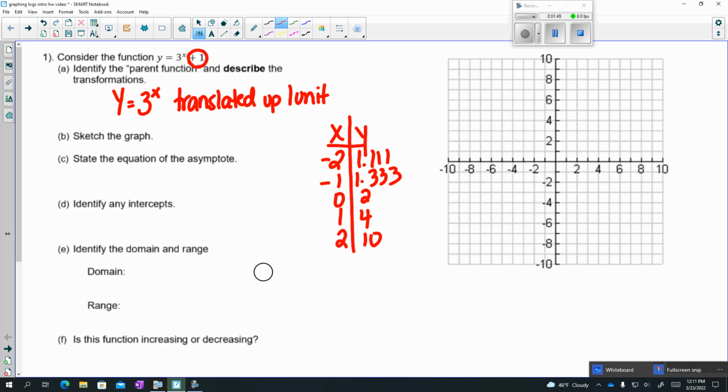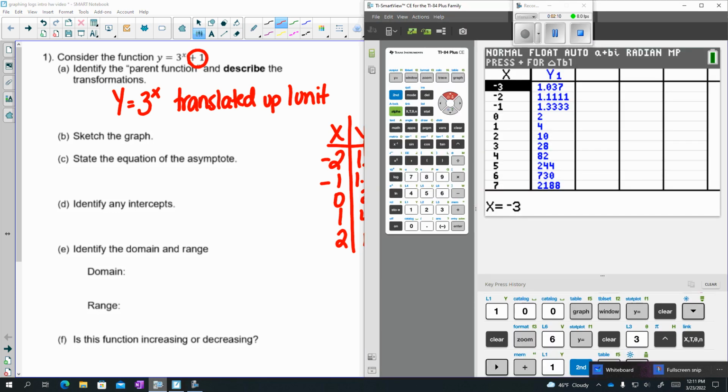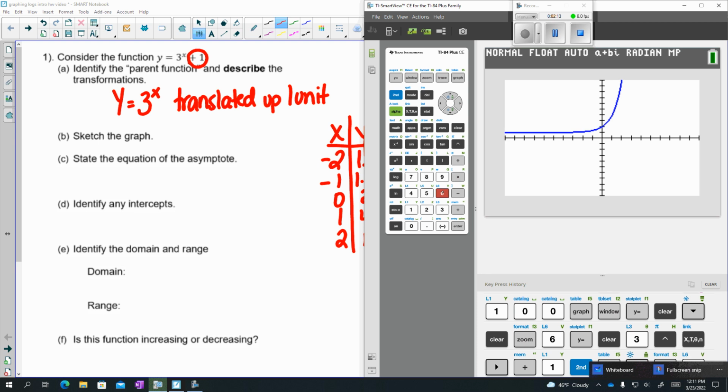Okay, so here is my table of values, and I'm going to plot my points. Now my decimals, I'm just estimating, so 1.3 is in between 1 and 2. Same thing's happening here. Now, before I go to connect, I'm going to hit zoom 6, which is my standard window, and I want to take a look at that picture.